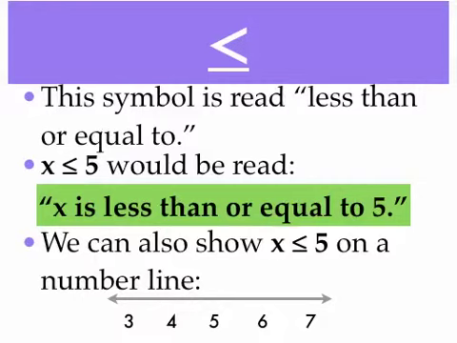And the answer is yes, because 5 is equal to 5, so 5 does work for this inequality. Because 5 does work here, we're going to put a closed circle, and we're going to shade to the left because the numbers to the left of 5 are the numbers that are less than 5.